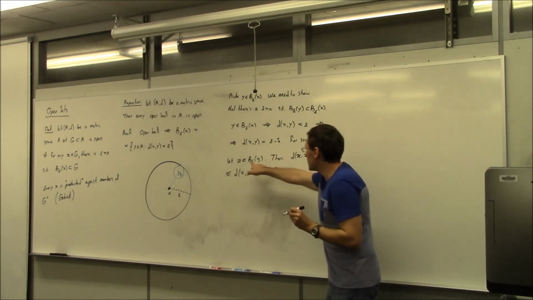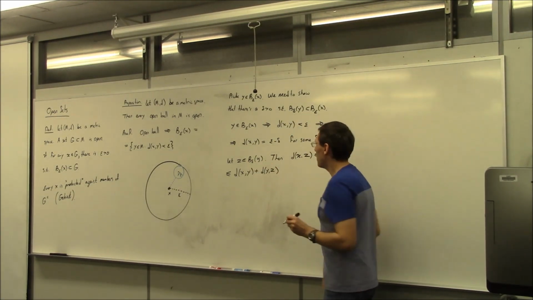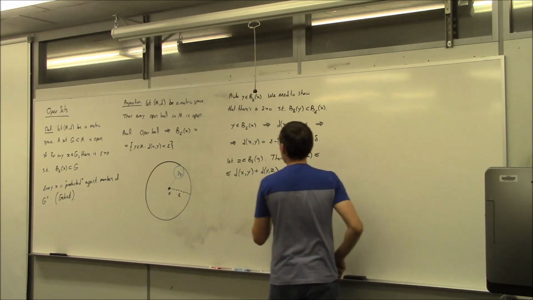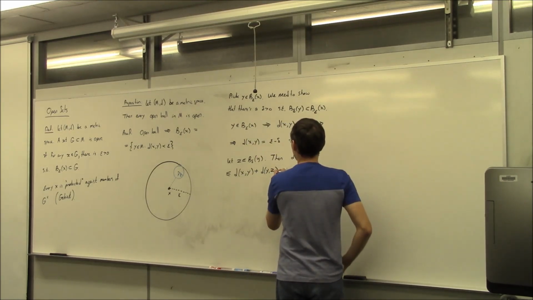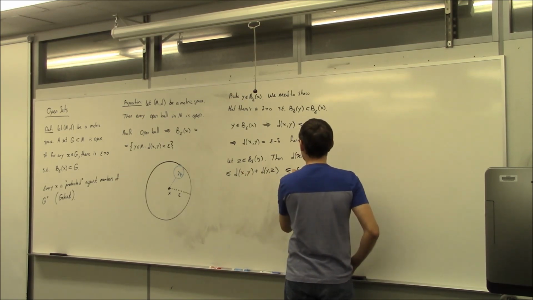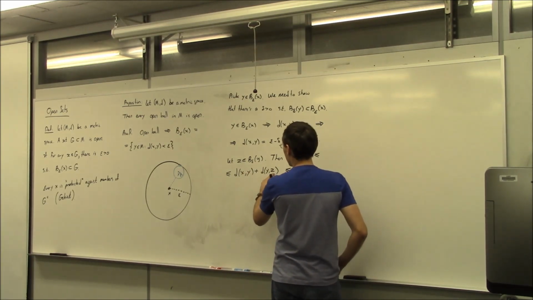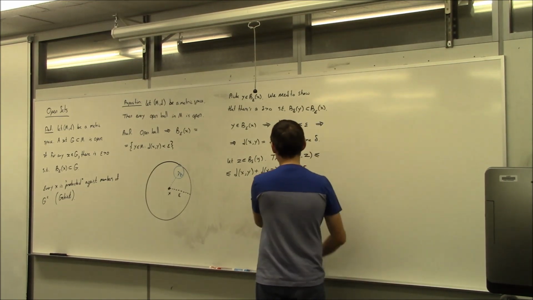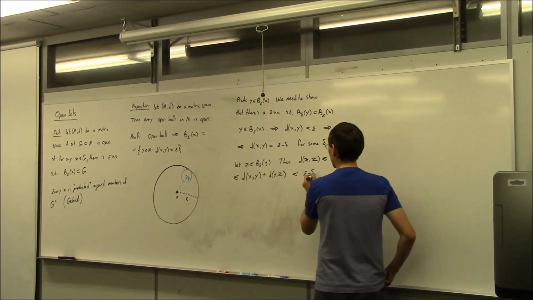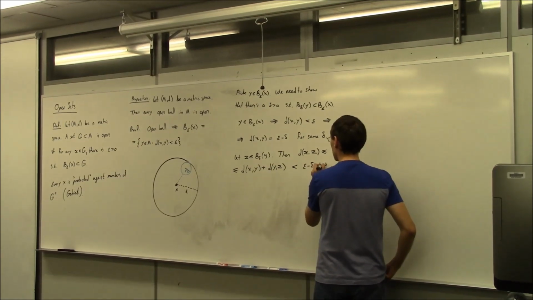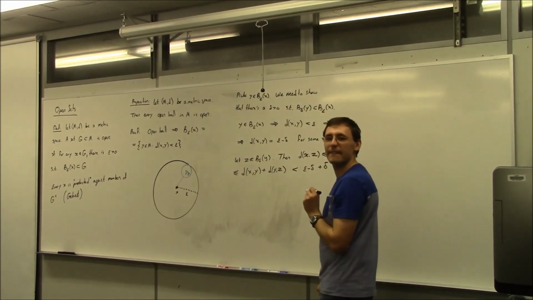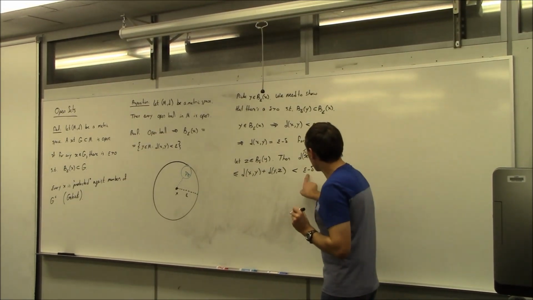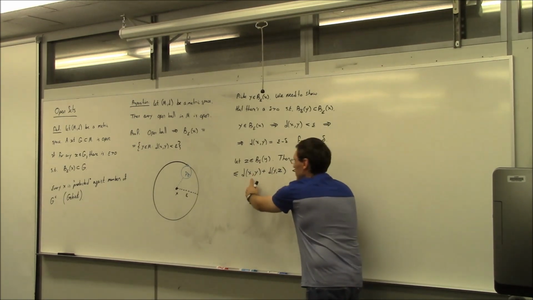So if I pick any Z, that's automatically true. But the distance between X and Y is exactly equal to epsilon minus delta, and the distance between Y and Z is less than delta. So I should say this is strictly less than epsilon minus delta plus delta.